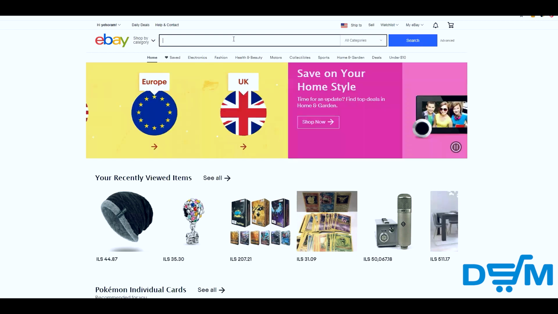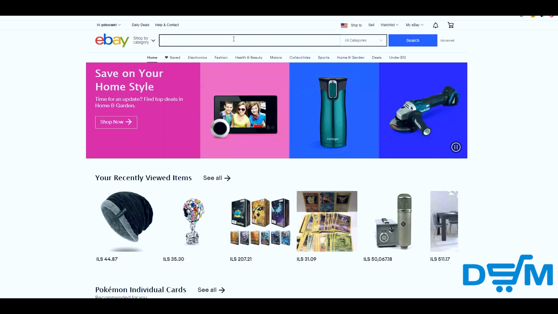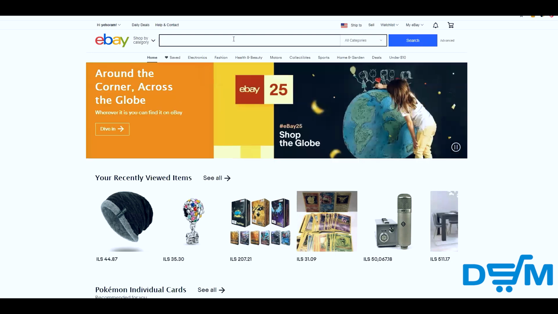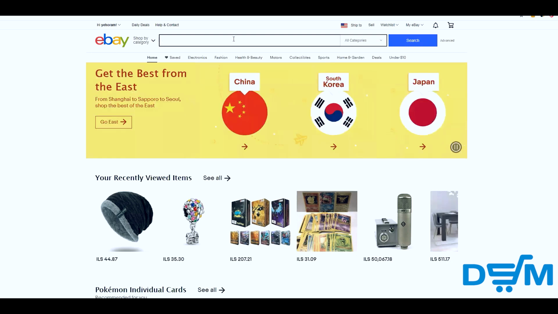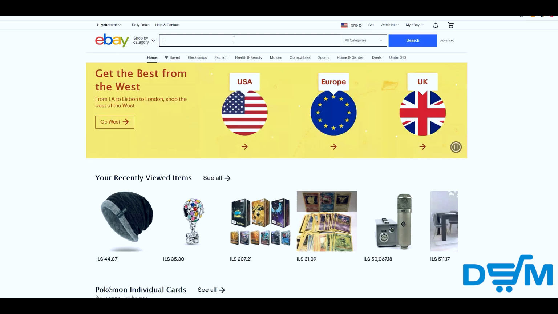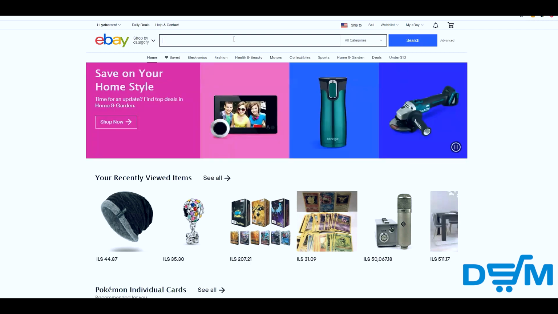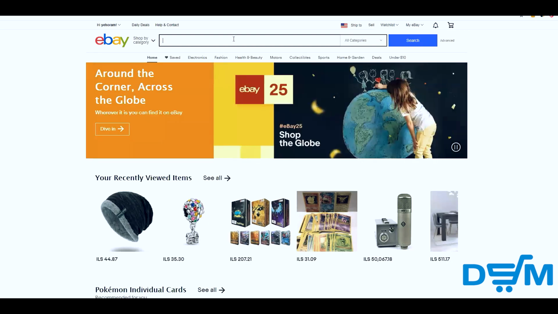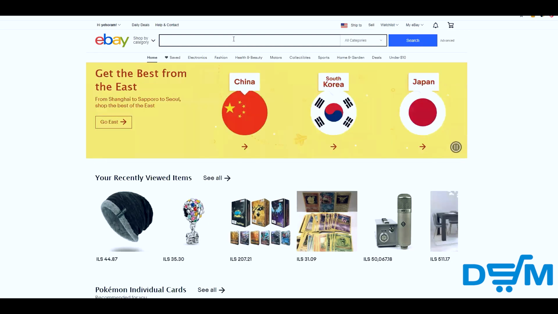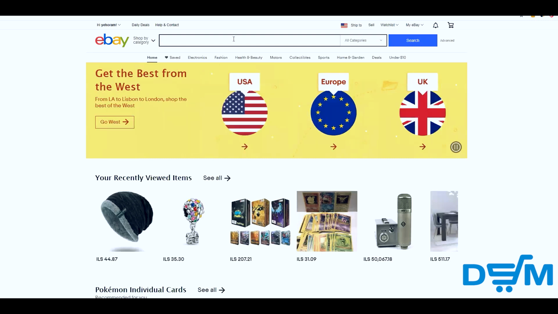But in order to understand how search engine optimization works, we need to understand how the search engine of eBay works. I'm going to give you more of a general overview. Anyone who tells you anywhere in the world that they know how the eBay search engine works, that they cracked it, would probably not be 100% correct, because it's such a complex machine that nobody can tell you how it works down to details.